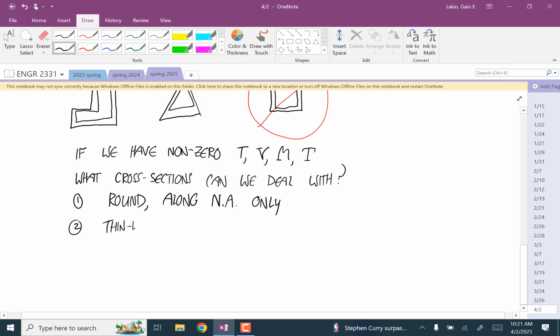That's actually a pretty useful design for a beam. And thin-walled rectangular is where we can do it anywhere. So if you wanted to study as little as possible, that would be the gamble to take: only get ready for thin-walled rectangular cross sections.